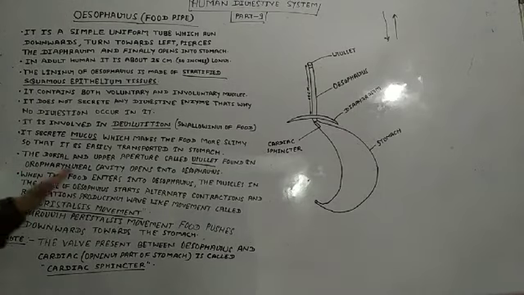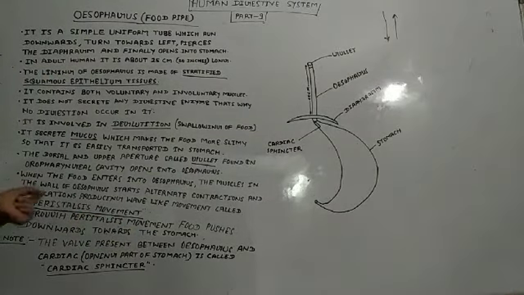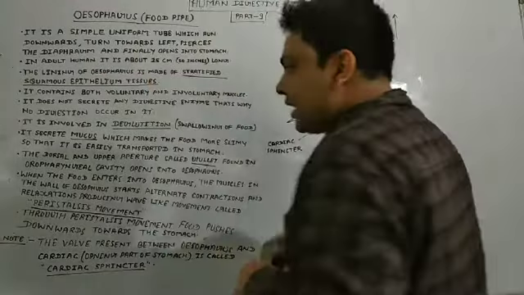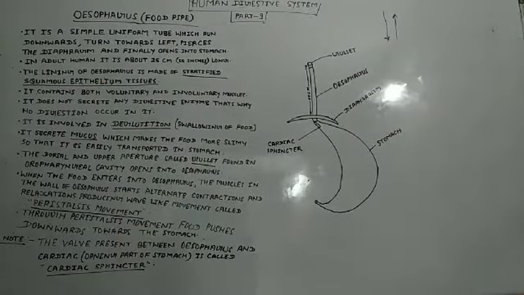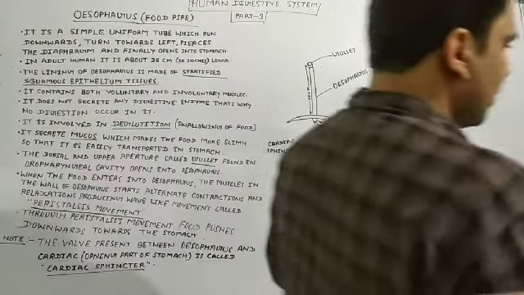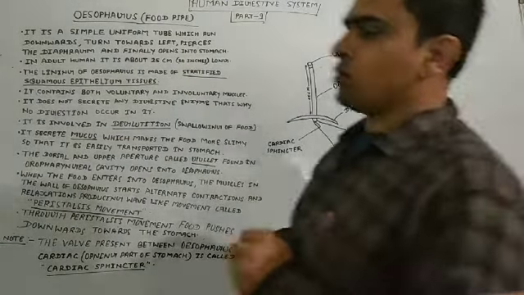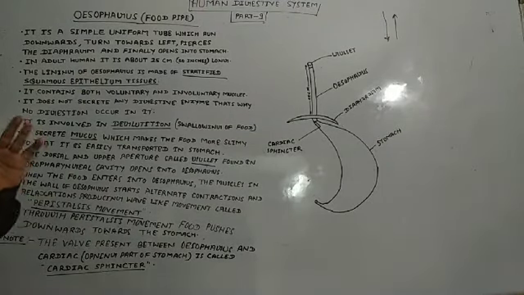When the food enters the esophagus, the muscles in the wall of the esophagus start alternate contractions and relaxations, producing a wave-like movement called peristalsis. Students, it is asked many times in your board examinations, so please pay attention. Keep in mind what peristalsis movement is.